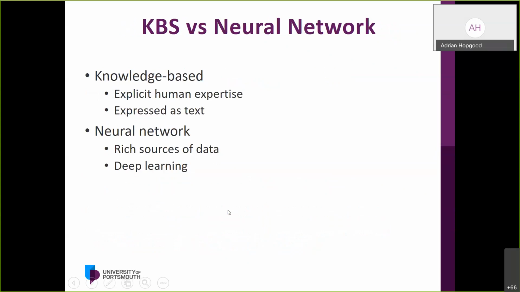Looking back at what we've covered in this first section, I tried to contrast the knowledge-based approach, which had very explicit human expertise captured in a computer system, expressed in a very explicit textual form, with the neural networks, which are reliant on rich sources of data. The more data, the better.